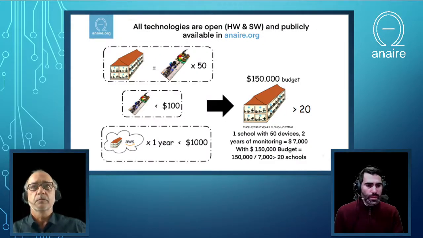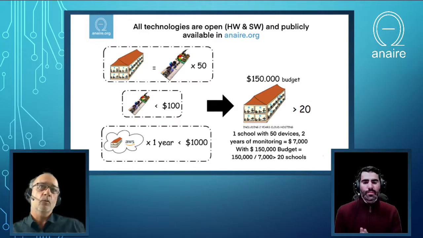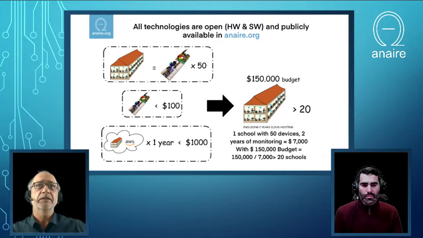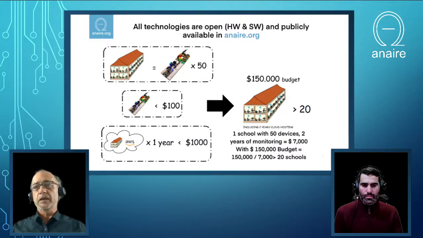Okay, so this is the idea about the numbers that we think can fit into the funding that we are requesting. The idea would be to cover institutions like public schools or other organizations with at least 50 devices. 50 devices is a number to cover most medium, even big size organizations in Spain, like schools.